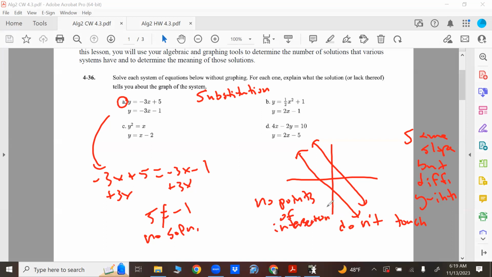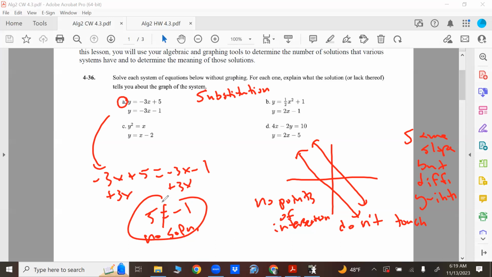It's sometimes better to see it graphically, because then you can make sense of the algebraic solution. Sometimes people memorize that if the two numbers don't equal each other and all the variables cancel, they just say no solution, but they don't really understand why. The reason is that the graphical solution shows these are two lines that never touch. They have nothing in common. So of course, algebraically, we won't see an answer.